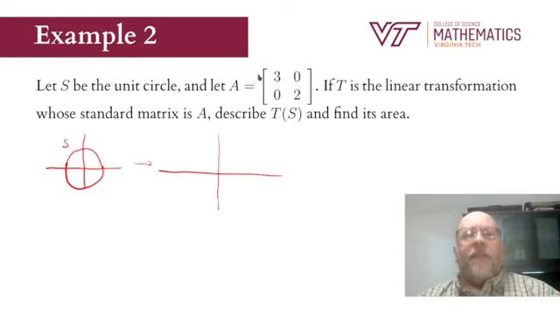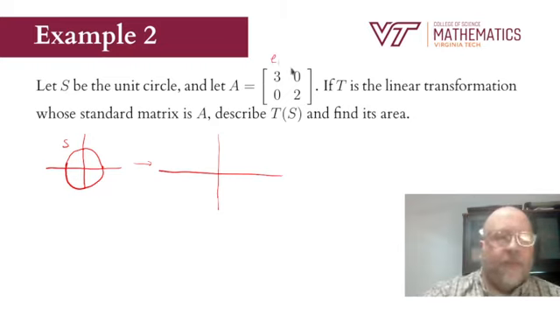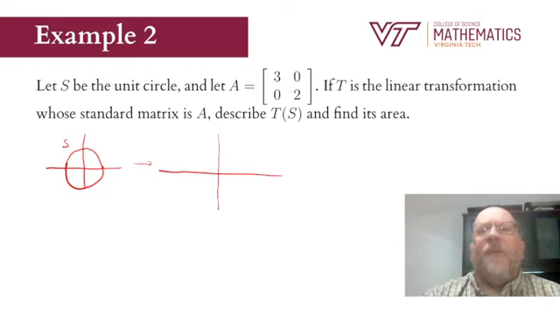Well, the standard vectors E1 and E2 are just 2 radii of S. That is, E1 is this radius and E2 is this radius.